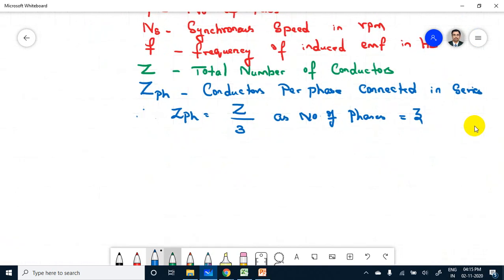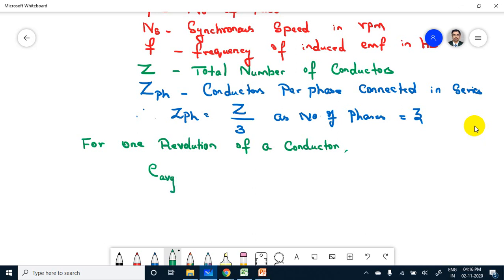Okay. Now by using these notations, we have to find the EMF for one revolution of a conductor. The notation is E suffix avg, the average per conductor.